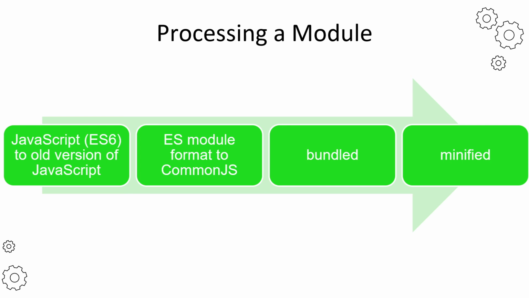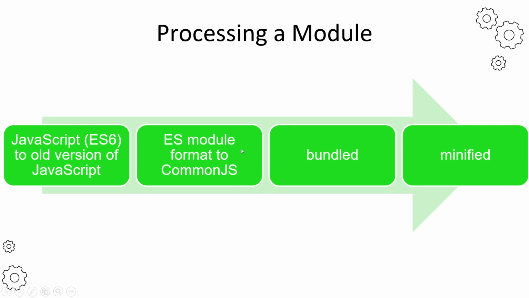So it's better to translate them into an older version of JavaScript. So this is the first step. I believe it's usually done by a package called Babel, but you will learn about that later.